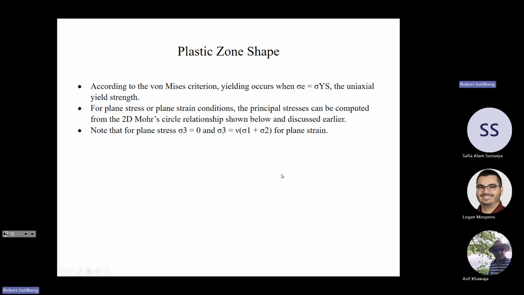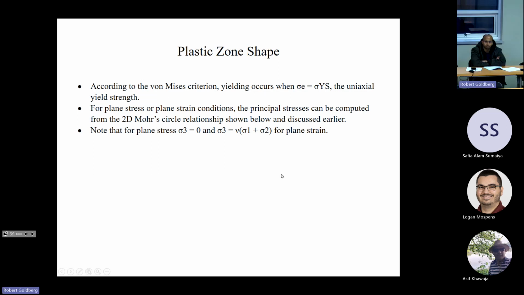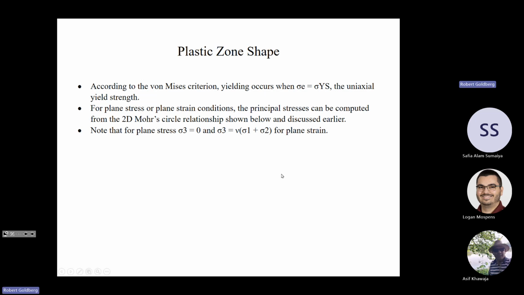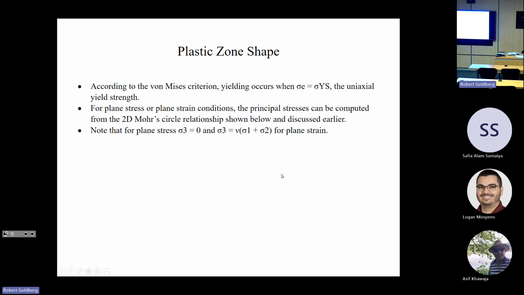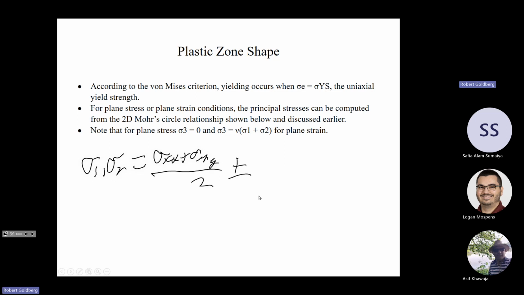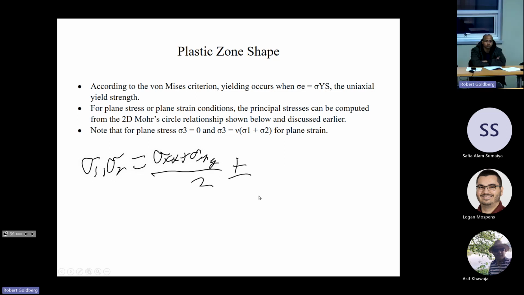So for plane stress or plane strain situations, the principal stresses can be computed using the equations we talked about before. Our maximum and minimum principal stresses are equal to sigma xx plus sigma yy divided by 2, plus or minus the square root of the quantity sigma xx minus sigma yy over 2, squared, plus tau xy squared. The plus is for the maximum stress, sigma 1.